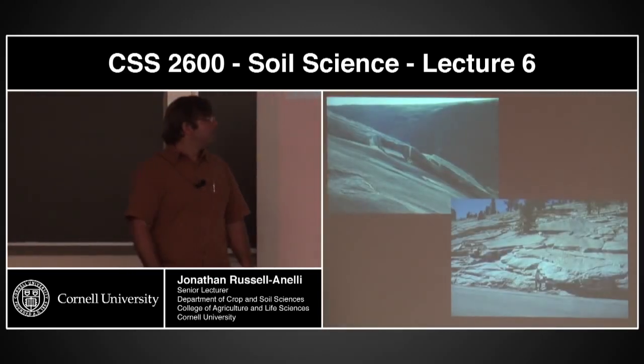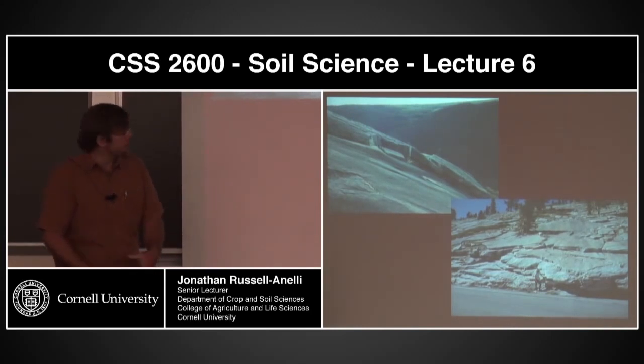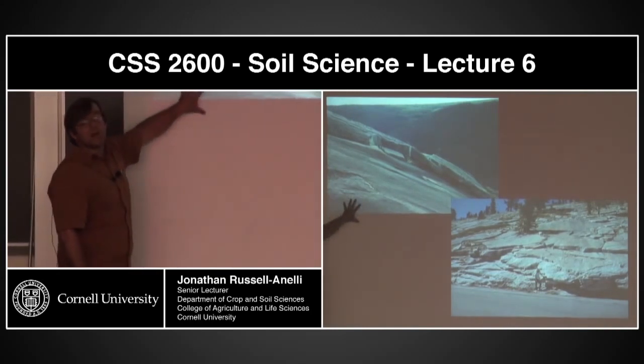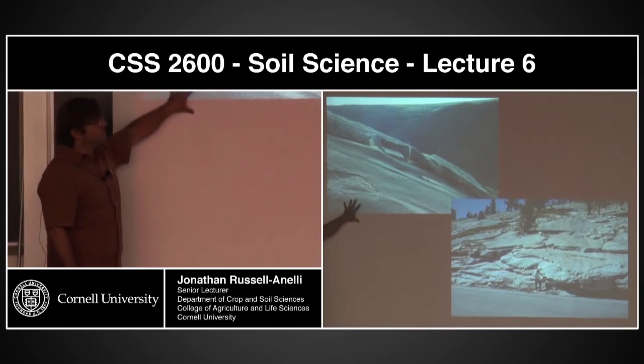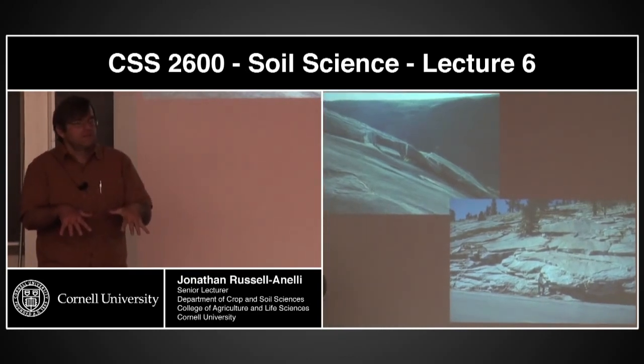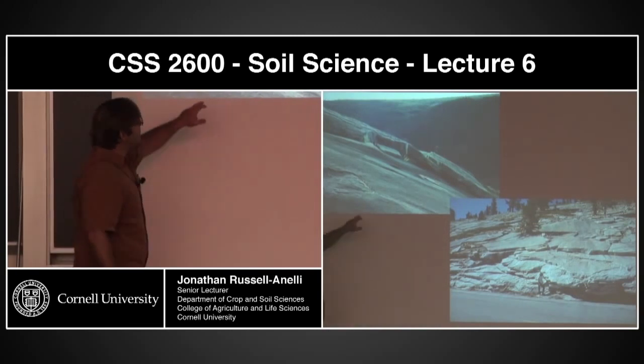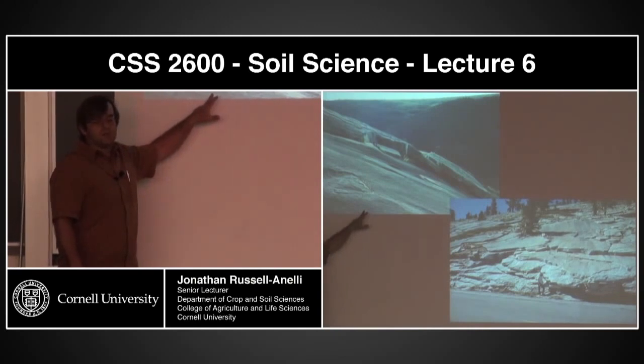Another good example. This is expansion. As rocks get exposed, imagine how big this rock is. This is a mountain-sized rock. As it comes up and it's exposed to the surface, what's going to happen to it? Well, the stuff that's up here doesn't have an overburden on it anymore. The pressure is released.